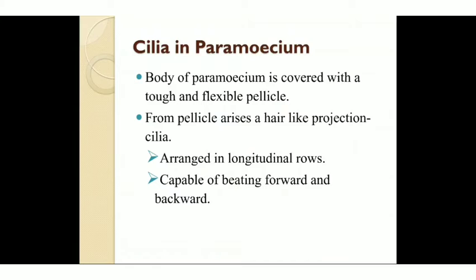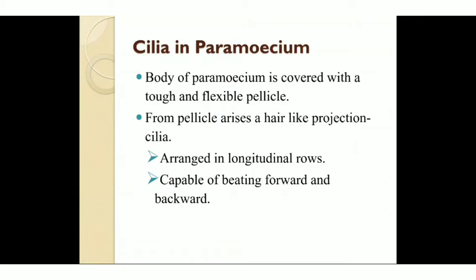The body of a paramecium is covered with a tough and flexible pellicle. Pellicle is nothing but the outer surface or the cuticle. From this pellicle, hair-like structures arise, and these are the cilia.